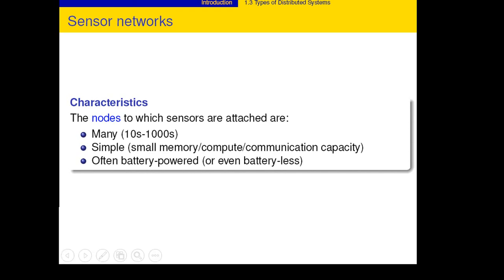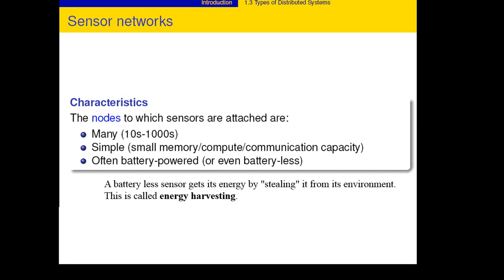The number of nodes may be many. They are simple, using a small memory, compute, and communication capacity, and offer battery power or are even batteryless. A batteryless sensor gets its energy by stealing it from the environment. It is called energy harvesting.